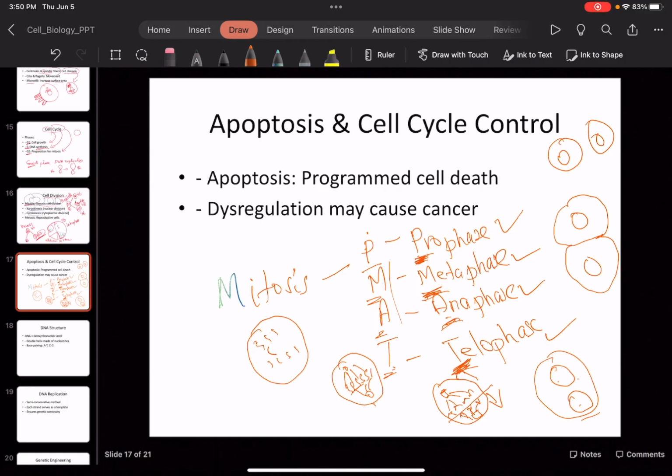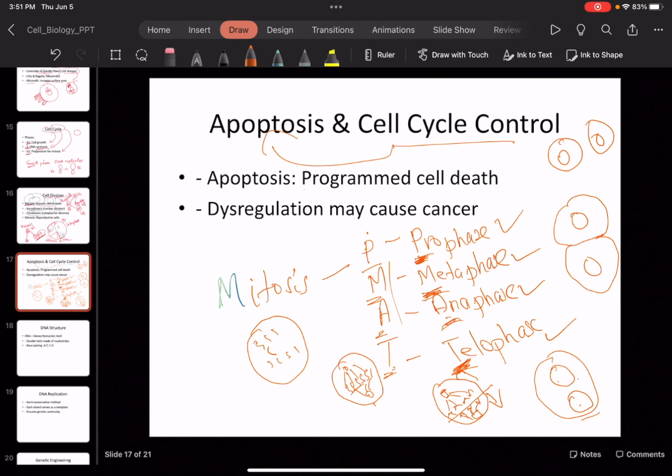Now remember the cell cycle control. This cell cycle is a very controlled, regulated mechanism in our system. Regulators, some signaling molecules, can regulate it. Think about a mutation: you go outside and are exposed to UV often, and your cell is mutated. You don't want the mutated cells to go through the cell cycle and divide, making more and more mutated cells. Instead, your cells will go for apoptosis.